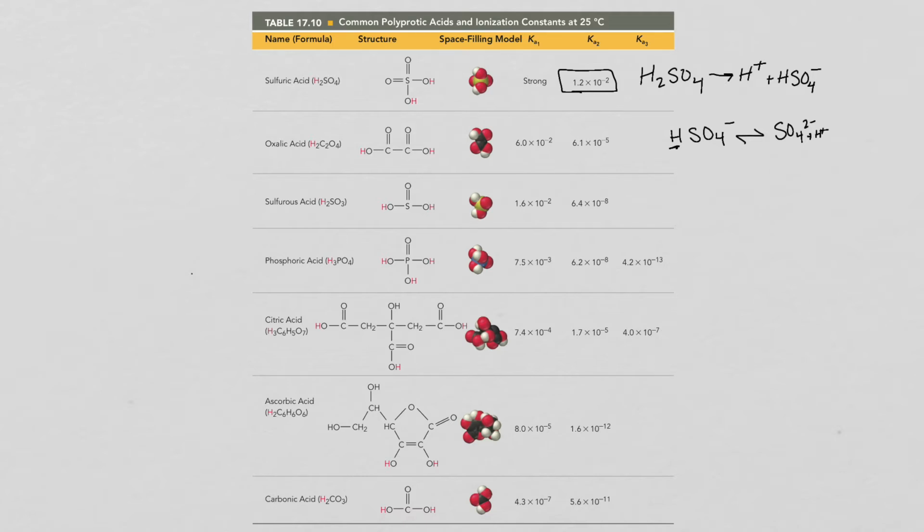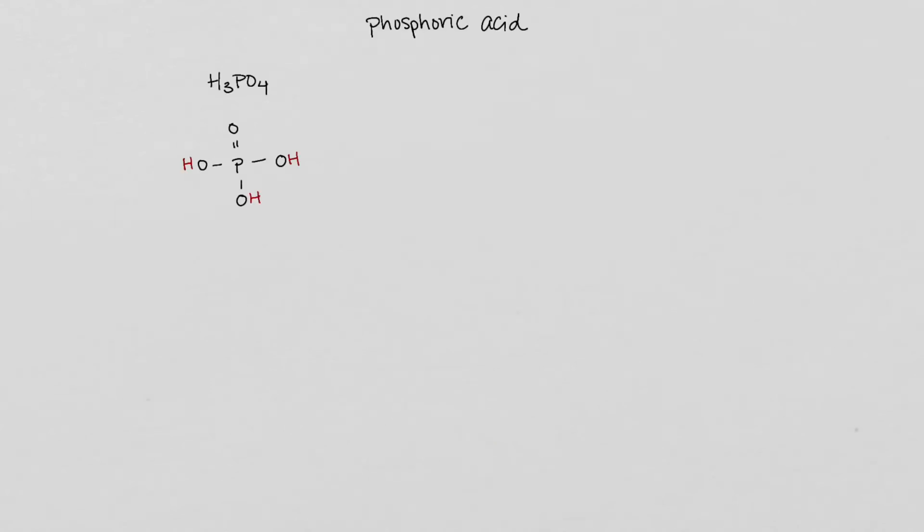So let's take a look at that. I'm going to use phosphoric acid as my example. I've drawn it out here. I have a triprotic acid, so definitely polyprotic here. I have a phosphate anion, and then I have 3 ionizable hydrogens, or 3 acidic protons.